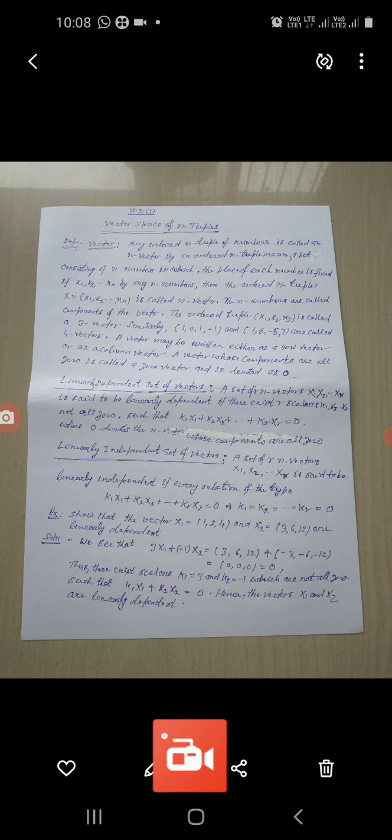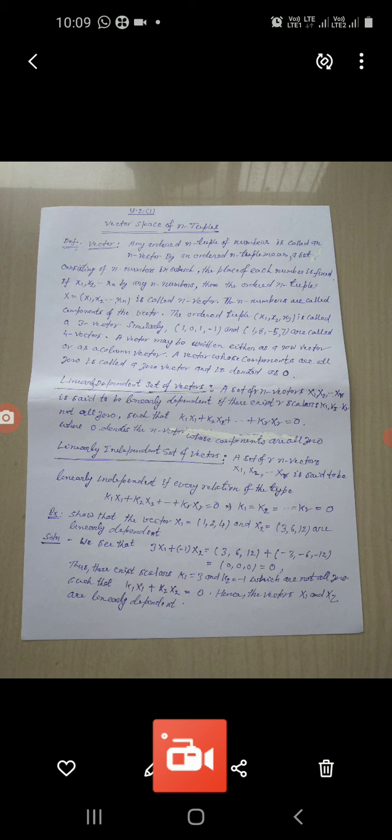Now we will discuss some important examples, so see carefully. Here we have one example. Show that the vectors x1 equal to 1, 2, 4, these are the elements, and the second vector x2 equal to 3, 6, 12, are linearly dependent.